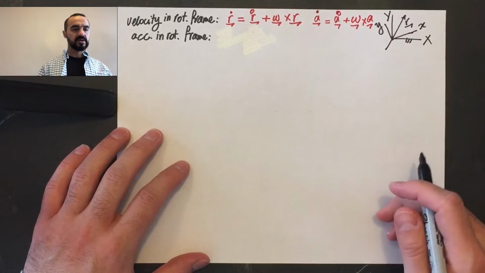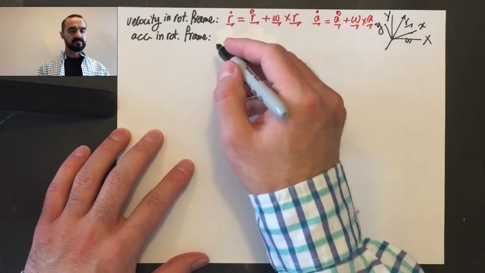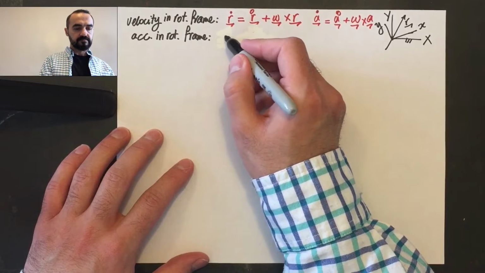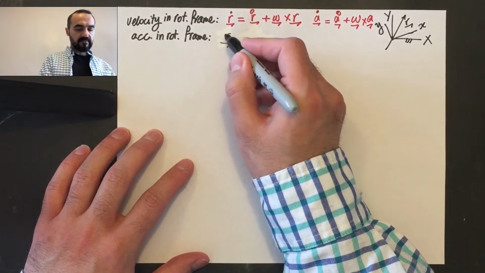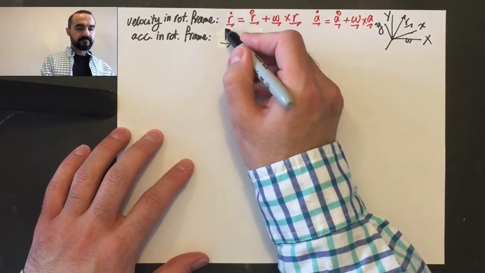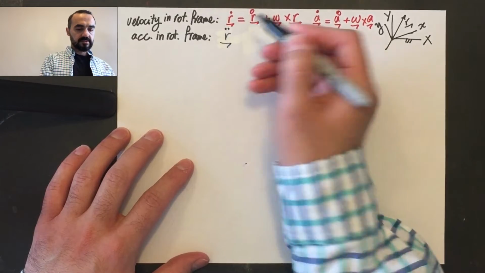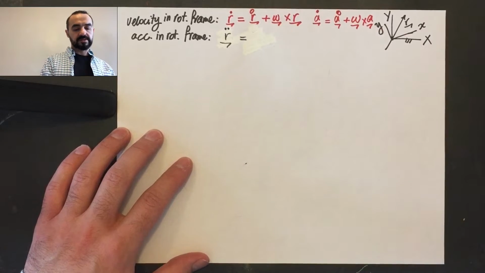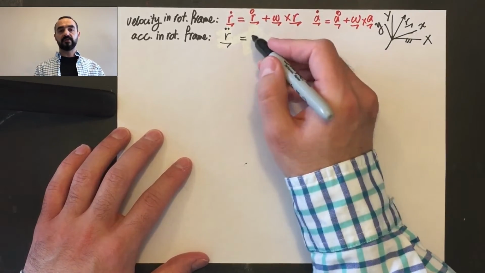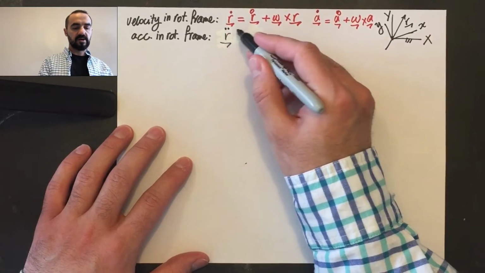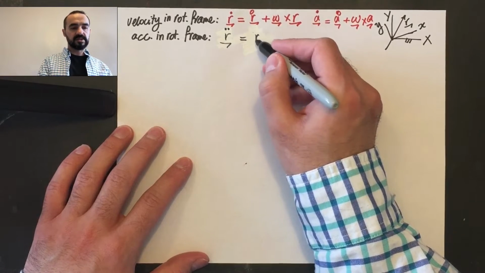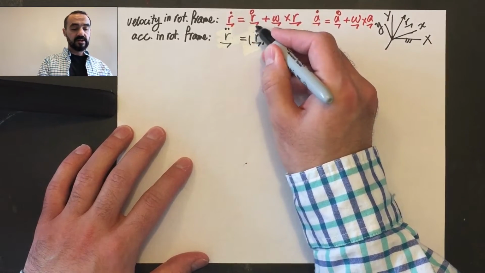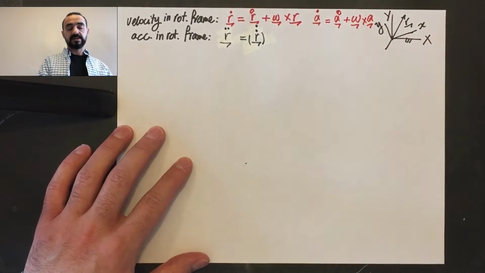So what we're going to do is, on the left hand side I have R dot, and just to make it easier to understand, R double dot is in fact R dot, which is differentiated again.